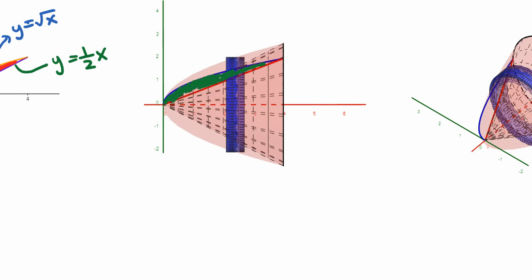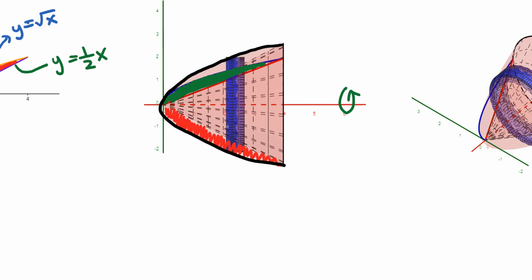So that green area is being rotated around the x-axis, and if that happens, you get another shape that's symmetric just below the x-axis like this. And inside this cone, you get these washers that have a hole in the middle. So as you can see, there seems to be a gap between the two graphs that creates this hole, and that's why we call it a washer.